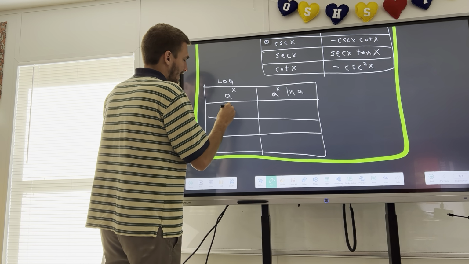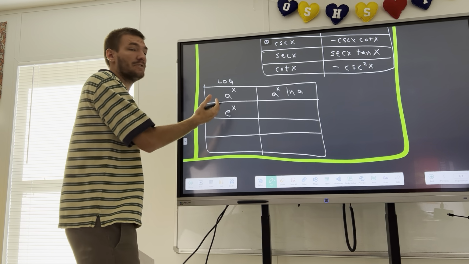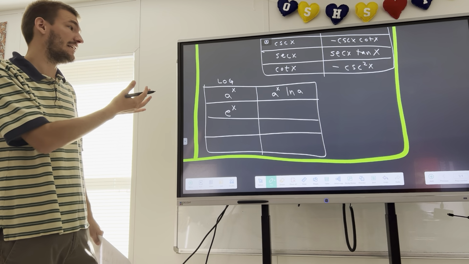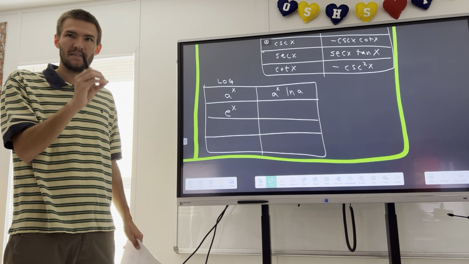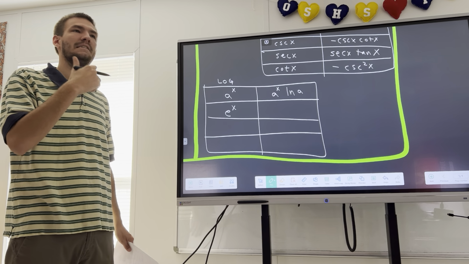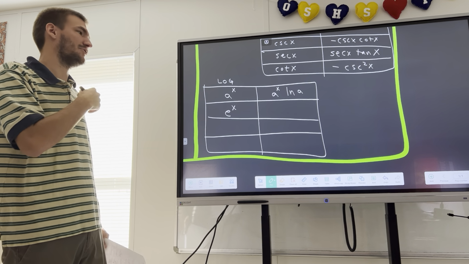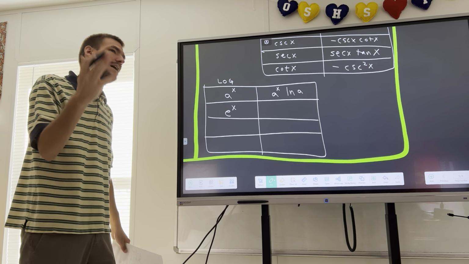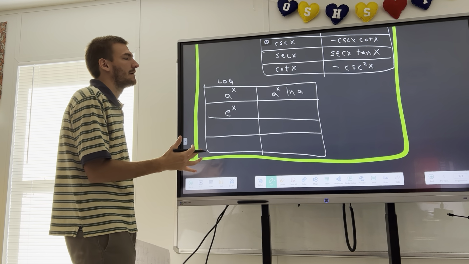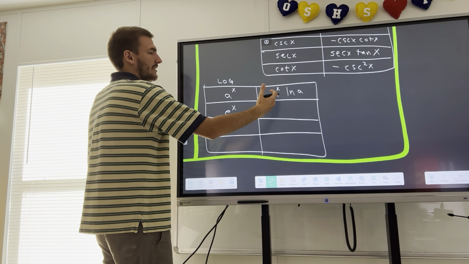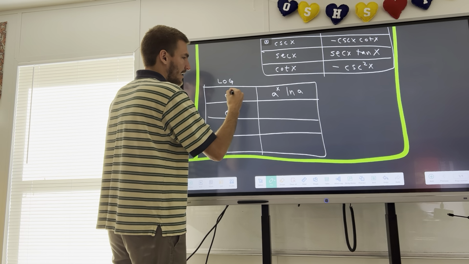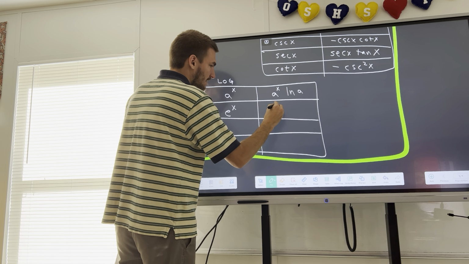e to the x, which is basically the same thing, except e is a very specific number. e is a number we typically use for exponents. It's a number used for insurance a lot of times. It's compounding rates. If we follow the same pattern over here, a to the x was a to the x, so this should be e to the x.